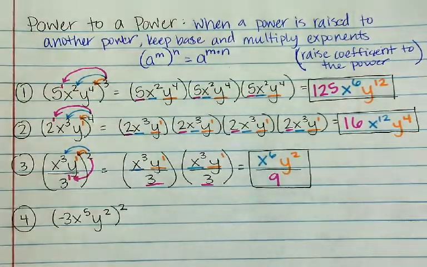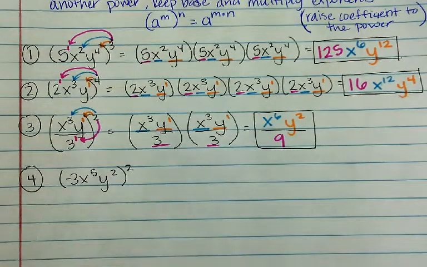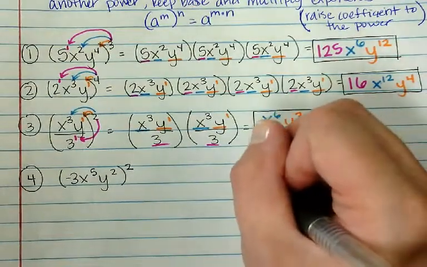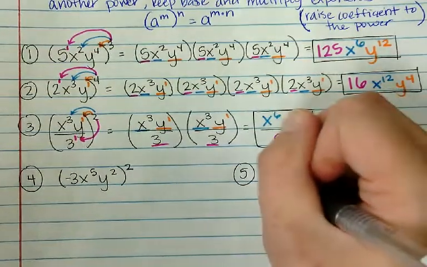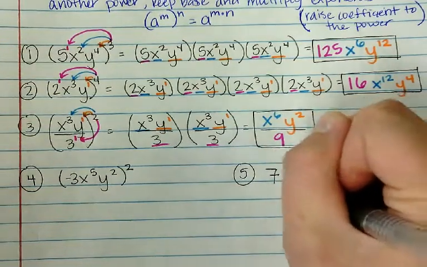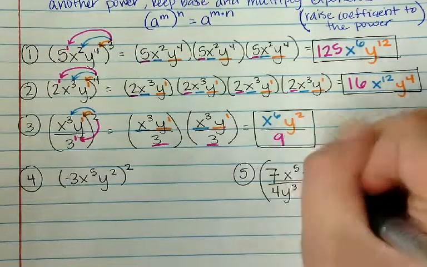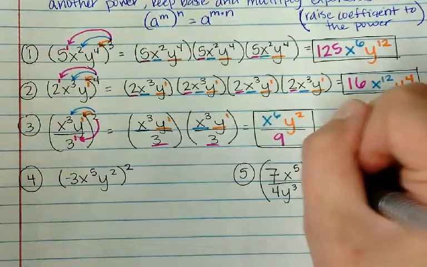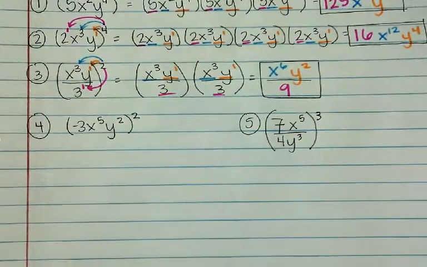And I'm going to do 7x to the 5th power over 4y to the cubed power. And I'm going to raise that all to the 3rd power. All right, guys? So I want to do that one with you guys here. And then I'm going to give myself five little spaces here. Okay?